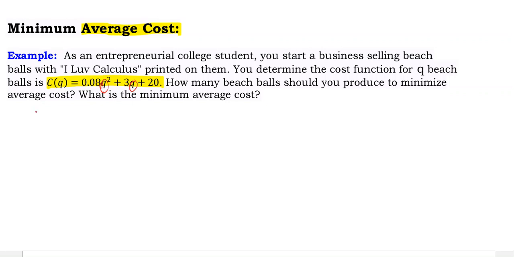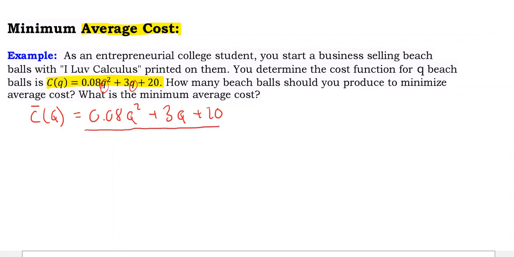For the average cost function, we simply take our cost function and divide it by Q, the independent variable. That will give us the average cost. And that function is going to look like this: 0.08Q plus 3 plus 20Q to the negative 1. So that is the average cost function.